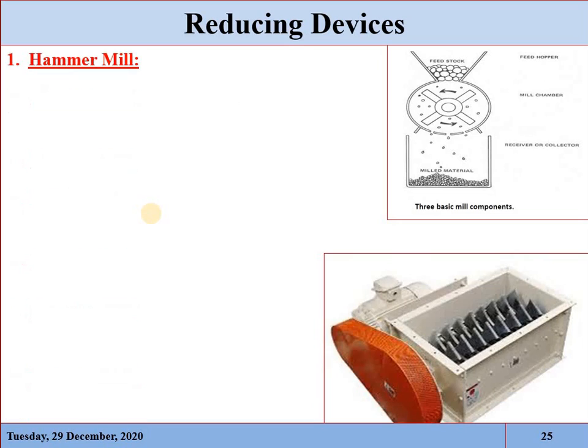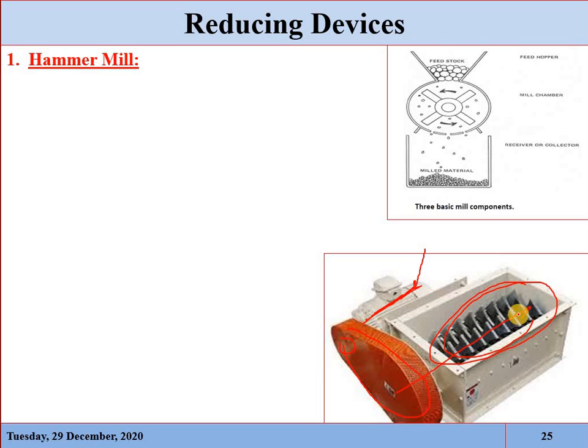The first one is the hammer mill. Here you can see it has a simple construction, and a number of hammers are attached to a shaft which is rotated at a certain revolution per minute with the help of a belt or chain attached to a motor. Electric power is applied to the motor, and the motor starts rotating the shaft to which the hammers are attached.